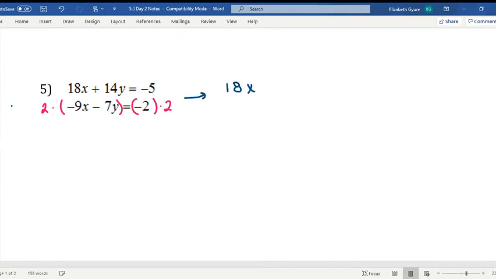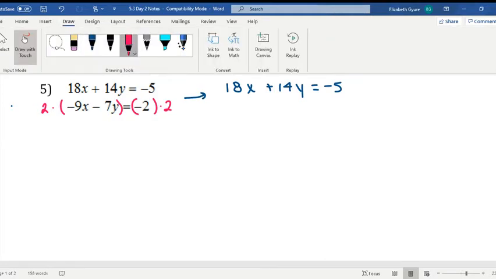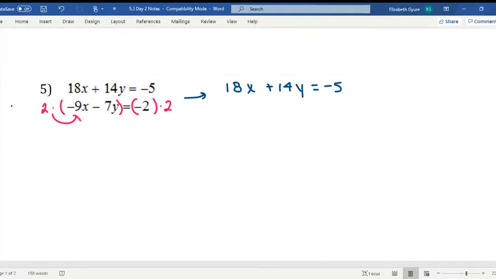I'm just going to move that over. 18x plus 14y equals -5. And this bottom equation we are going to distribute. So 2 times -9x is -18x. Then Jaden, what is 2 times -7y?